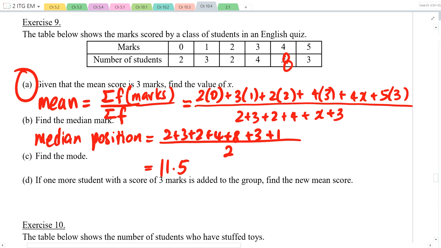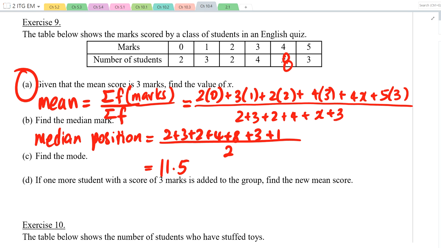Okay, this tells me that my median value is in the middle of position number 11 and 12. So what are the values of number 11 and number 12? So if I arrange all the students out like that, like exactly on the board, where is my student number 11? What is the value?